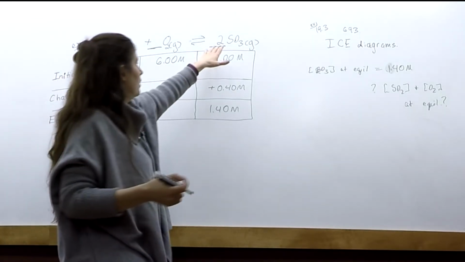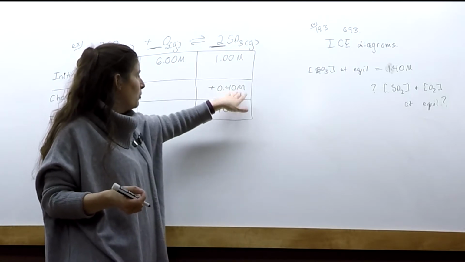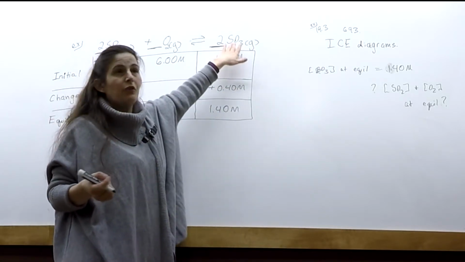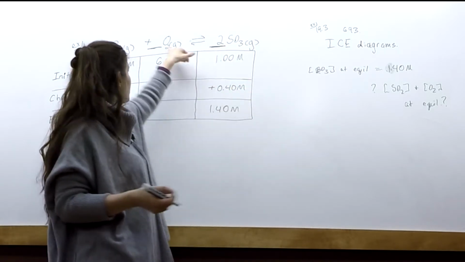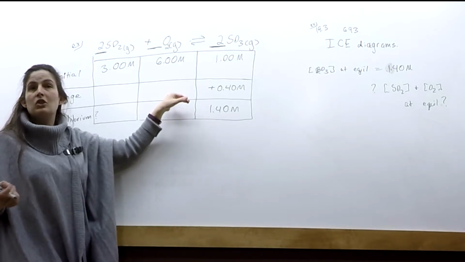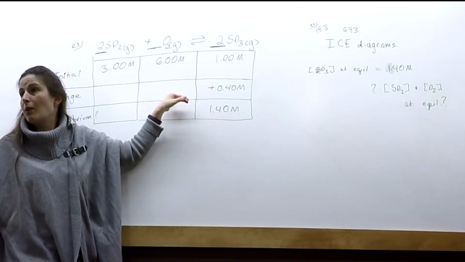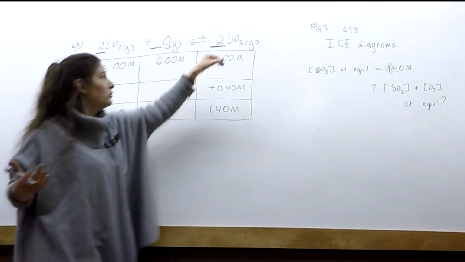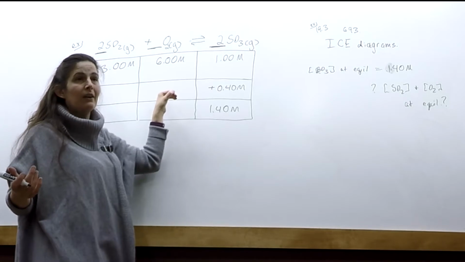So here, the change is 0.4 molar total. But that's for two of these. So the change for one, such as the O2, which has a 1 in front of it, will only be half of what it was for the one that was doubled, right? Because there's twice as much of this produced as there is for this that's reacted.